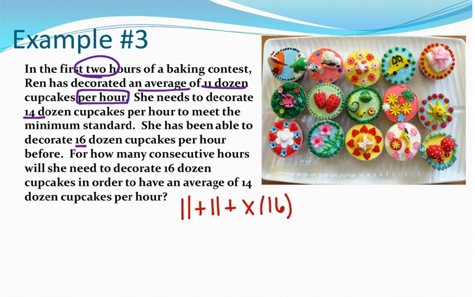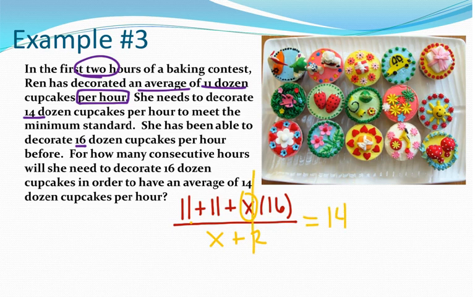So 16 times however many hours this is going to happen, unknown. When I add that all up to get the average, I'm going to divide by how many hours she's worked. Here's my x hours that she's doing this, but she already had 2, so my actual time is going to be x plus 2. And then I need the average to be 14.